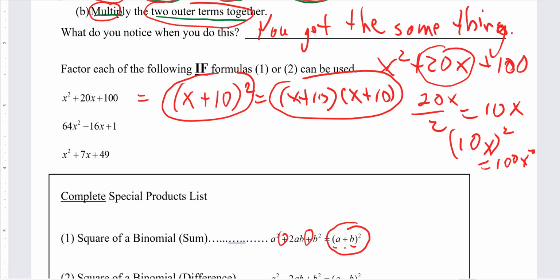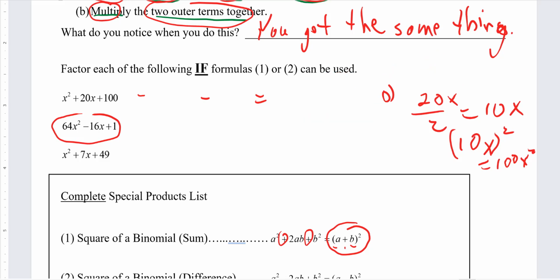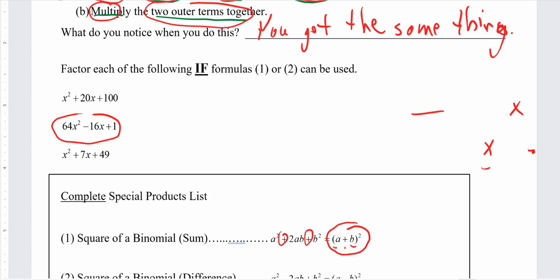Okay, let's try it with this one now. First, you have to see, does the formula even work? To see if the formula works, you take the middle term, negative 16x, and divide it by 2. We get negative 8x.